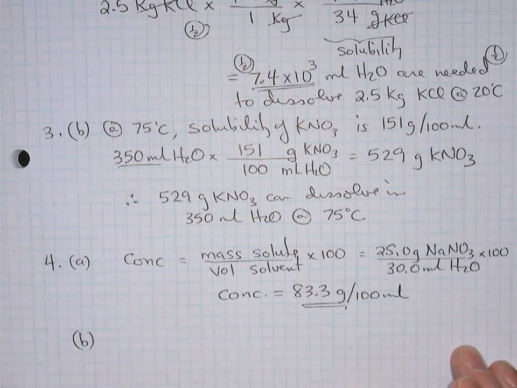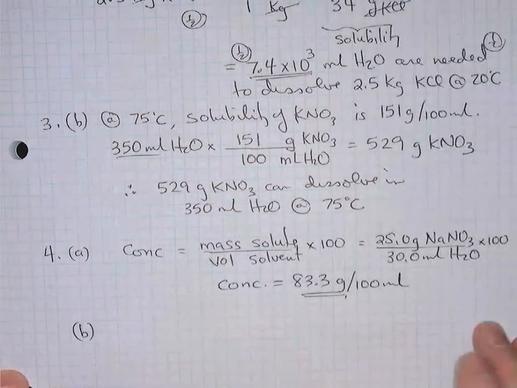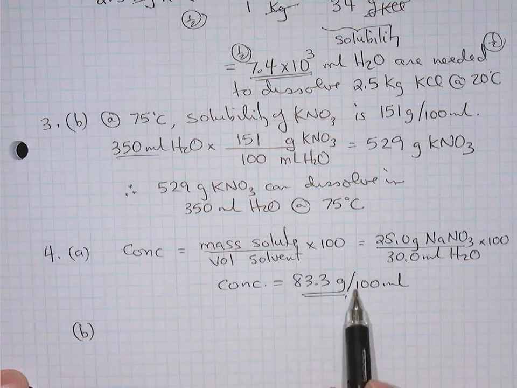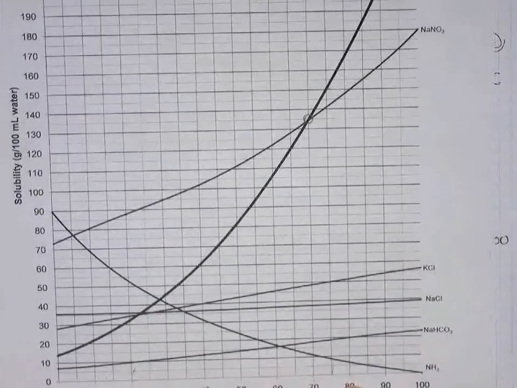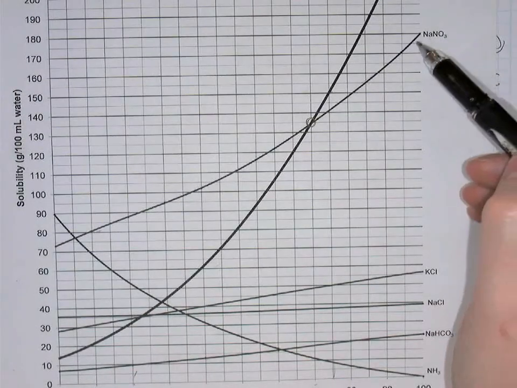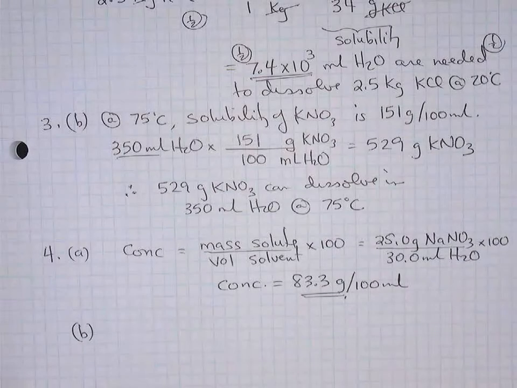Part B asks, was the solution saturated? Okay, and show the calculation, explain why the solution was not saturated. Well, to do that, I'm going to use the concentration that we just calculated, and I'm going to use the solubility. So we're dealing with sodium nitrate, which is this curve here, and our temperature again was, let me remind myself, 80 degrees Celsius.